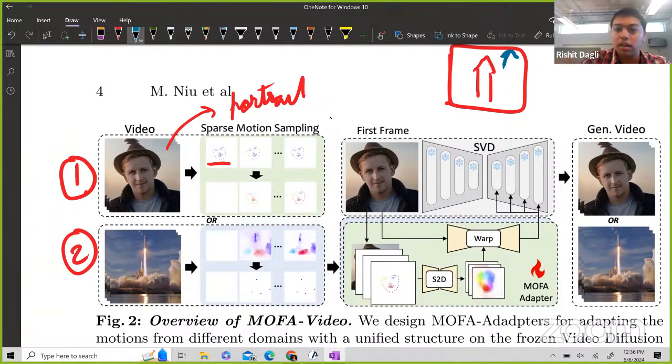Or the way they do it, I also tried running their code, is that you can actually highlight this area and then mark a vector. So the blue would be the user-marked vector, and that vector would say this object should move this way. So that is the second problem they are tackling. And yeah, these are separate problems.